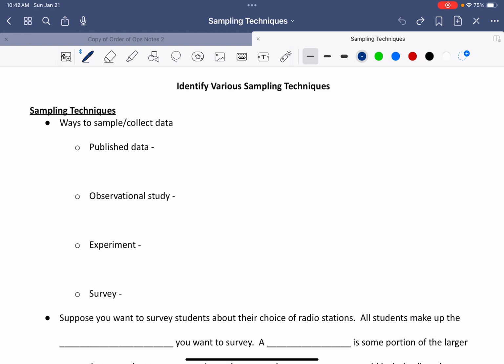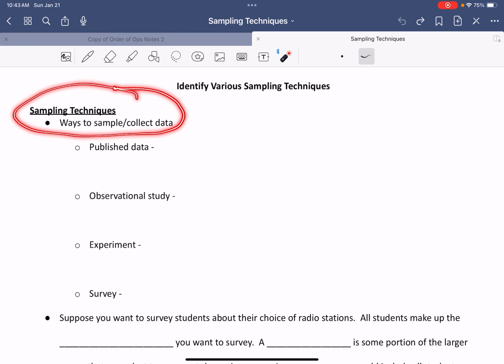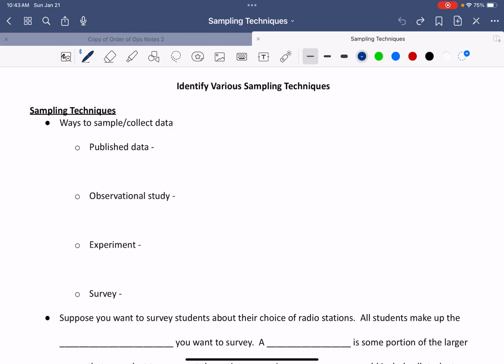So there are different ways to collect data, all right? So we're going to talk about sampling techniques or ways to sample or collect data. So the first way that a lot of people do it is they actually use data that already exists. Okay, so what kind of data am I talking about?